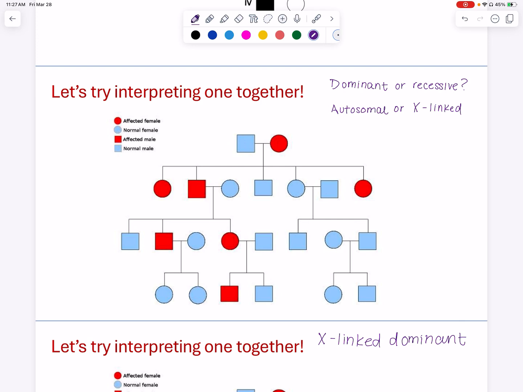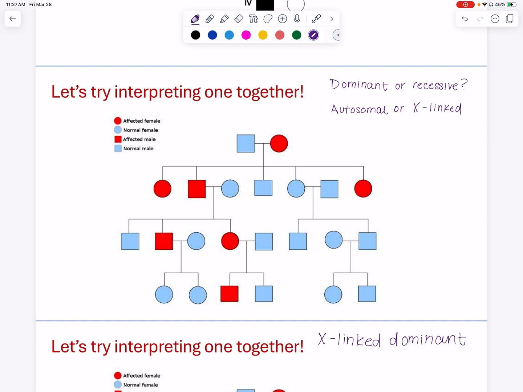As promised, we are going to go through the pedigree diagnosis, if you will, in order to figure out which of the likely inheritance patterns these genes have.